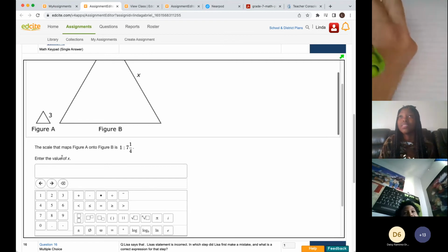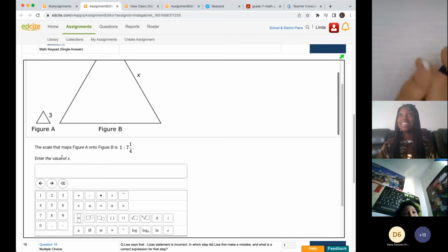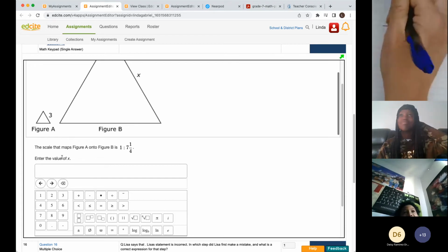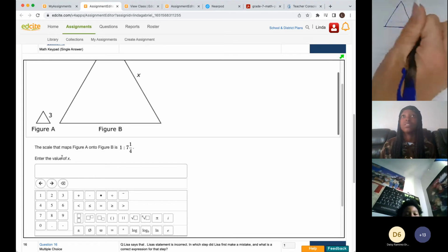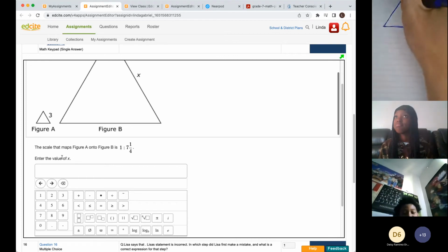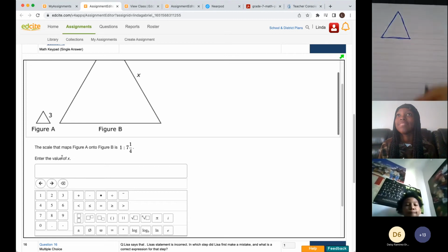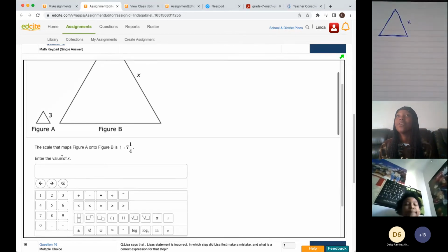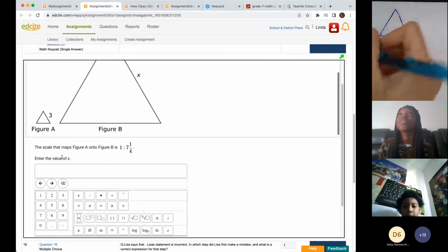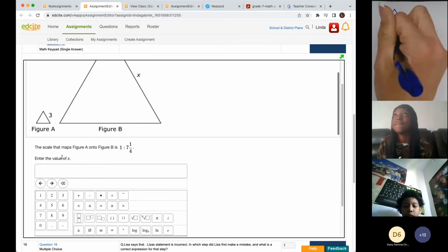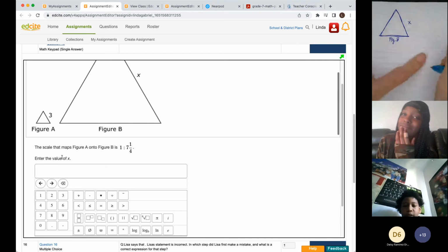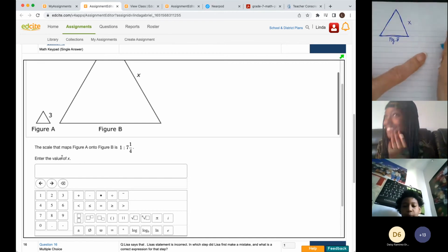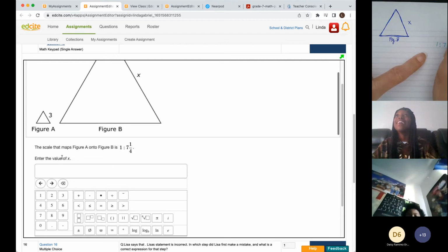This is figure A. Figure B, for the triangle, has an X on that same side, but we know what the scale is, right? Scale tells us the proportionality of these two triangles. It is 1 to 7 1/4.